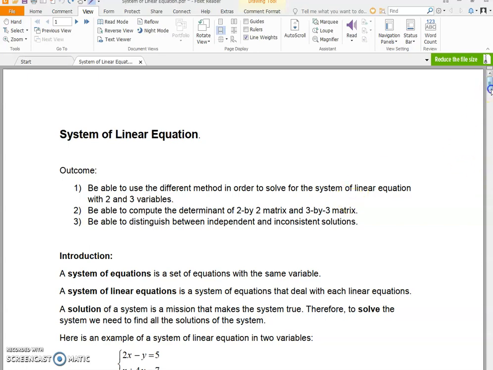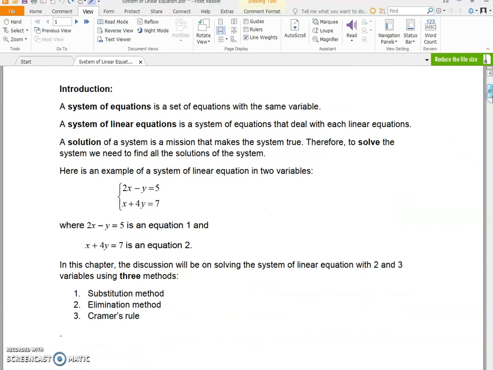Alright, for the introduction, a system of linear equations is basically a few equations with some variables. We are supposed to deal with equations and also variables, and the objective is to find the value of those variables.